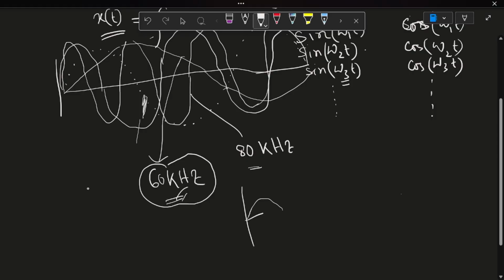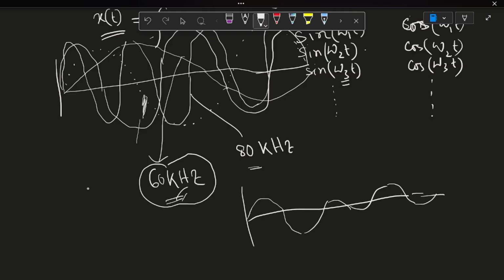So now what will happen? For example, this is your original signal, this is the 60 kilohertz signal, and after multiplication maybe you get this kind of curve.